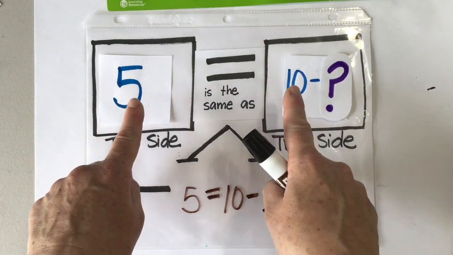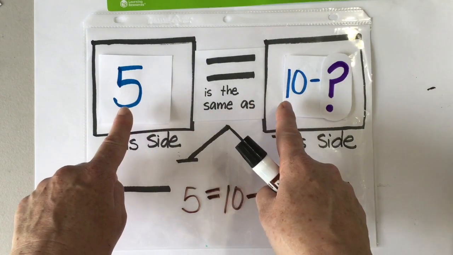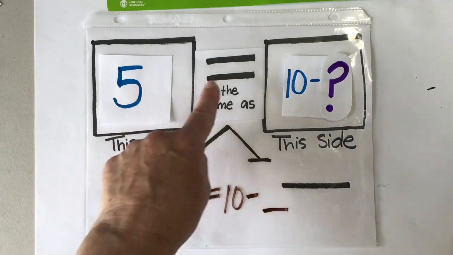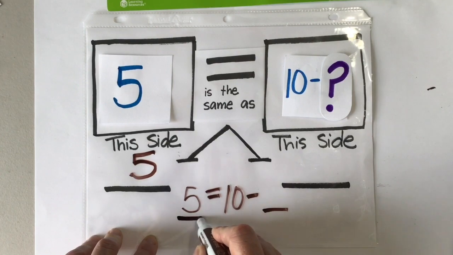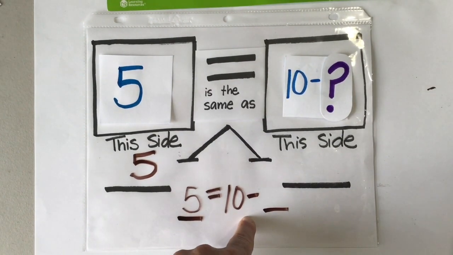Remember, I'm not doing anything together with these two numbers. I'm not adding 10 plus 5. I know this side of our equal sign is 5, so I leave that number alone. But I have to figure out this side. 10 minus something equals 5.